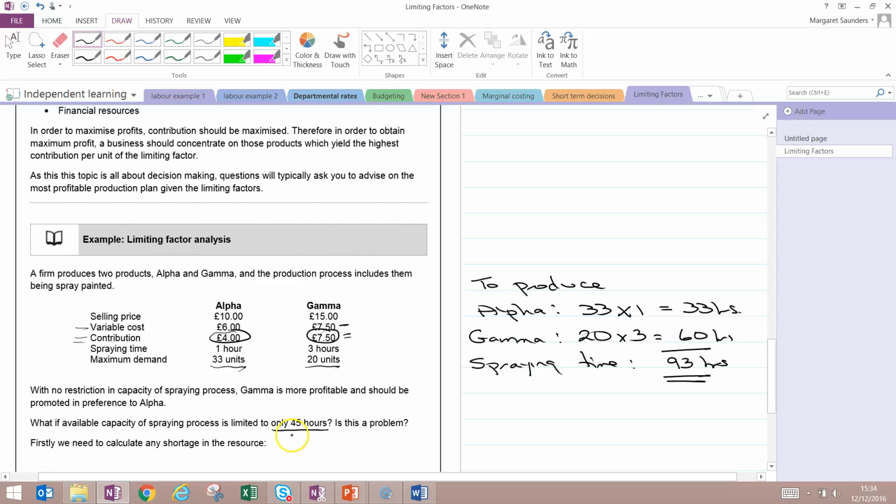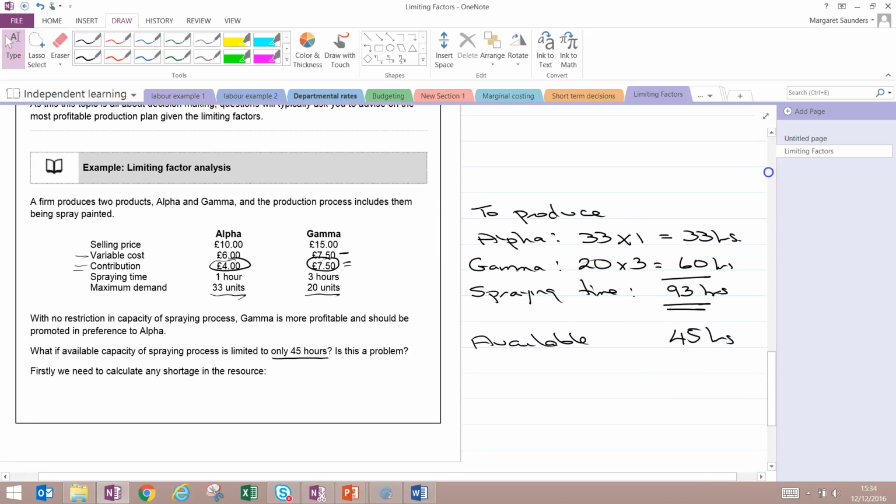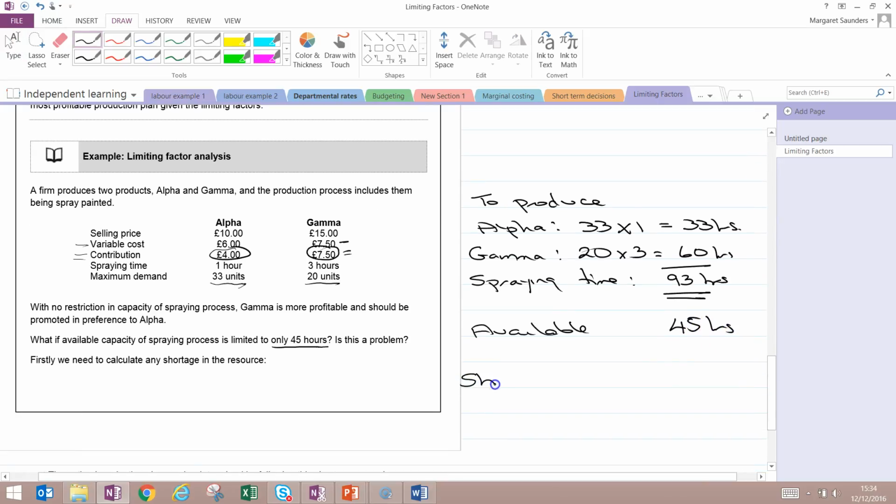Now, it's suggested that we only have 45 hours. So that means we have a shortfall of 48 hours.